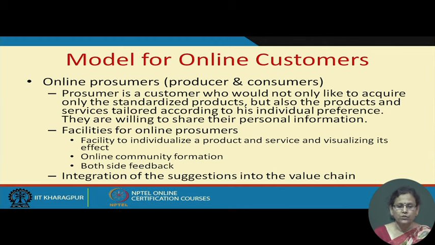So, the prosumer is a customer who would not like to acquire only the standardized product, but also products and services tailored according to his individual preference. So, they are willing to share their personal information. Now, what kind of facilities are companies creating for online prosumers? A facility to individualize a product and service and visualize its effect.